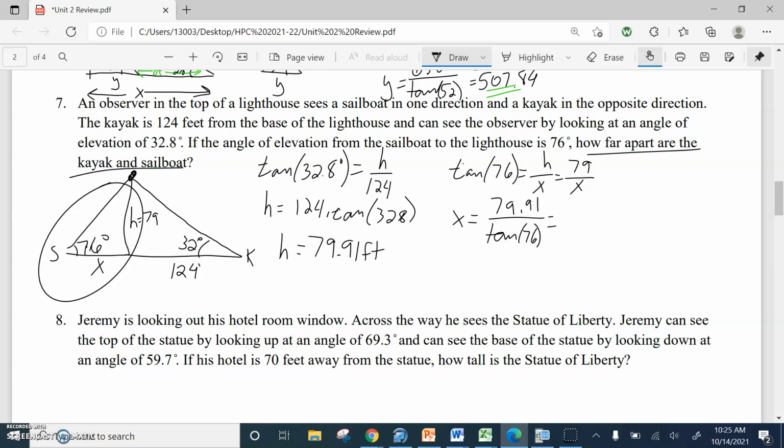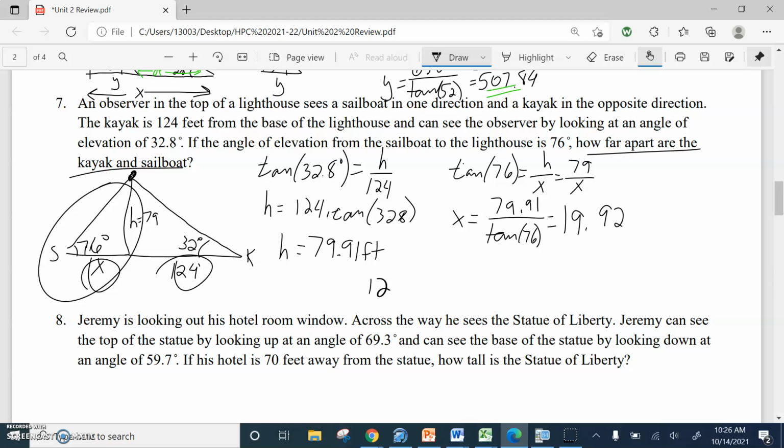X then becomes, what does x become? Becomes 19.92.